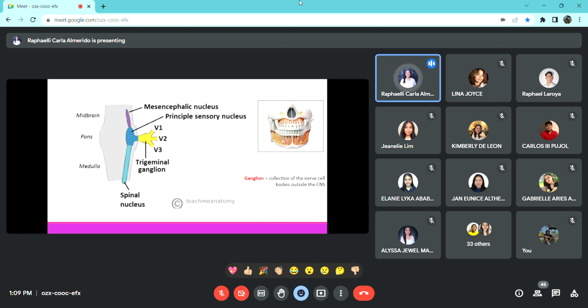And this ganglion, so when we say ganglion, this is a collection of the nerve cell bodies outside the central nervous system, okay? So from this trigeminal ganglion, we have cranial nerve number 5, 1, 2, and 3. Okay, so these are just the shortcut. Okay, but on your quizzes and exam, you have to name this V1, V2, and V3.